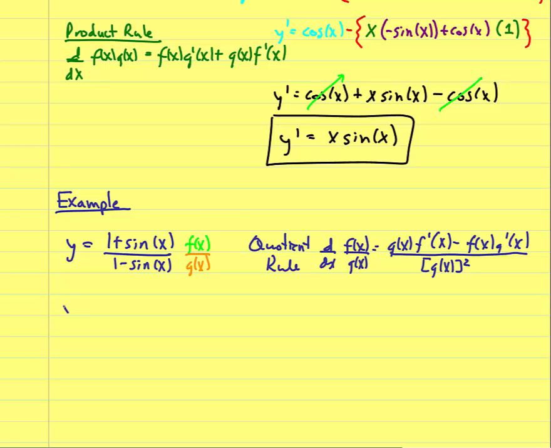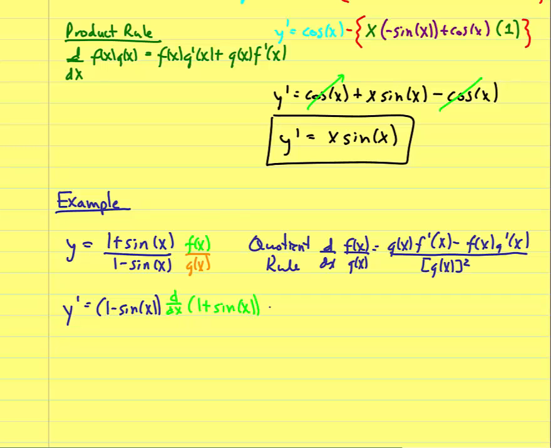So for us, y prime would be the bottom. Always put parentheses around the arguments of your trig function, times the derivative of the top. So I'm not going to actually take the derivative of the top, I'm just going to write out what my plan is here.